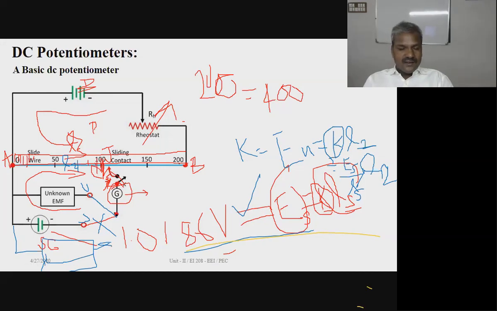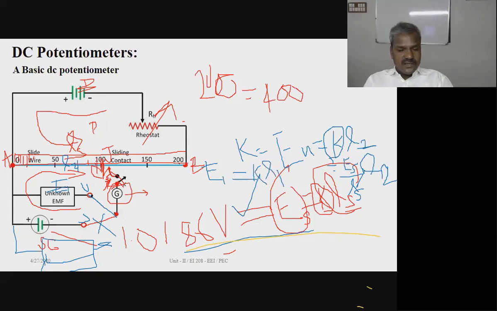First connect this branch to E1, unknown 1, and balance the wire until you get zero deflection in the galvanometer. Measure the length. So E1 equals K into L1.